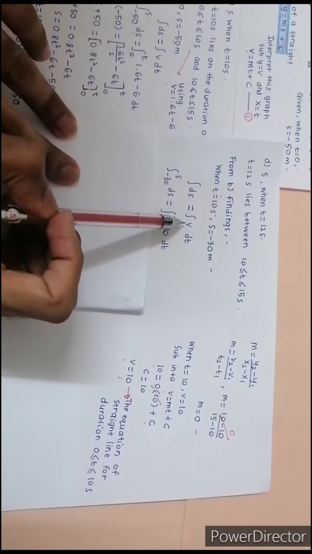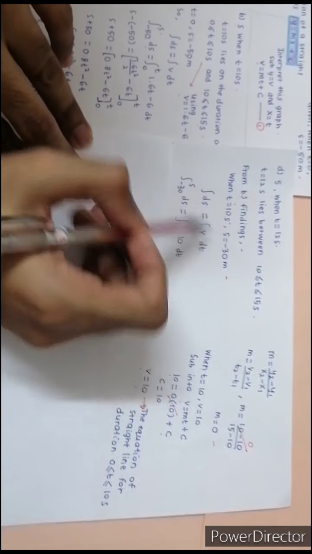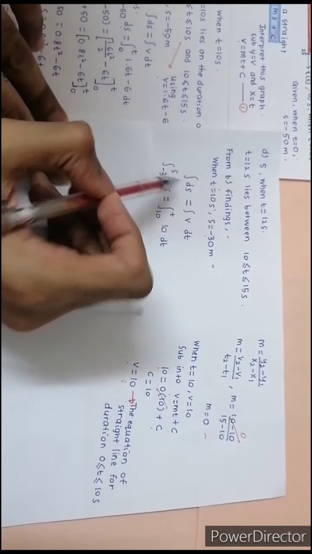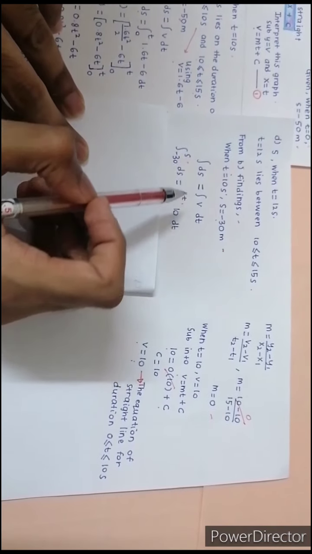Integrate ds equals integrate v dt. The limits for displacement will be negative 30 to s, and for t from 10 to t.